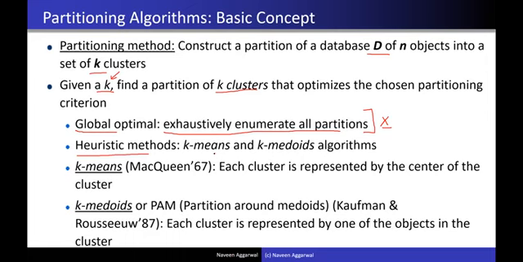Among those, the popular methods are the k-means and k-medoids algorithms. The k-means algorithm first came in 1967, where each cluster is represented by the center or the mean value of the cluster. The k-medoids is a modification of the same algorithm from 1987.